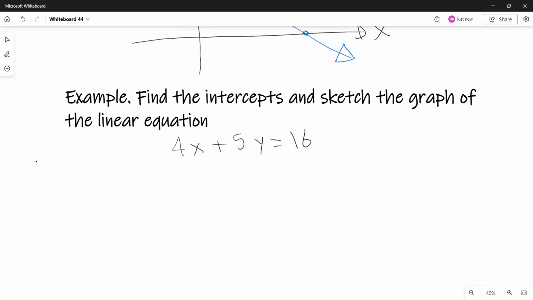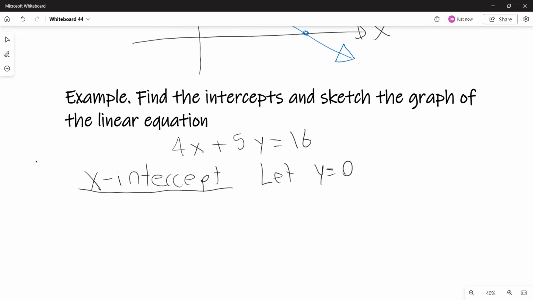Okay, so usually the intercepts are good points to start. If we want to find the x-intercept, we're going to let y be 0. So 4x plus 5 times 0 is equal to 16. But 5 times 0 is 0.